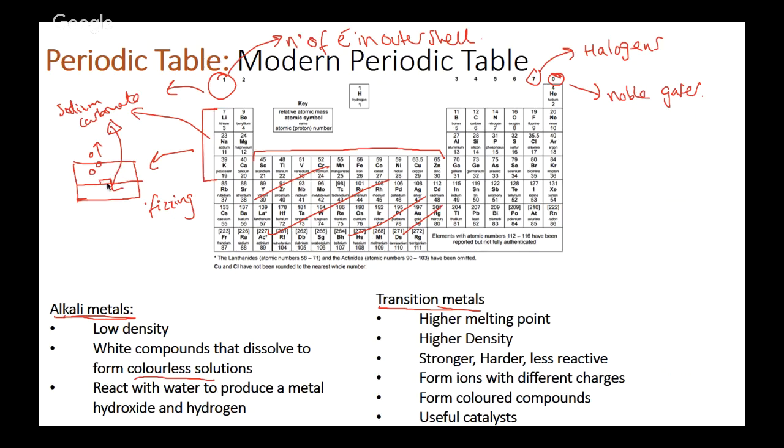The size of the metal piece on top will diminish as it reacts and dissolves, and it will form a hydroxide and hydrogen. So let's take sodium, for example. If we react sodium from here with the water, we will be forming sodium hydroxide and hydrogen gas.